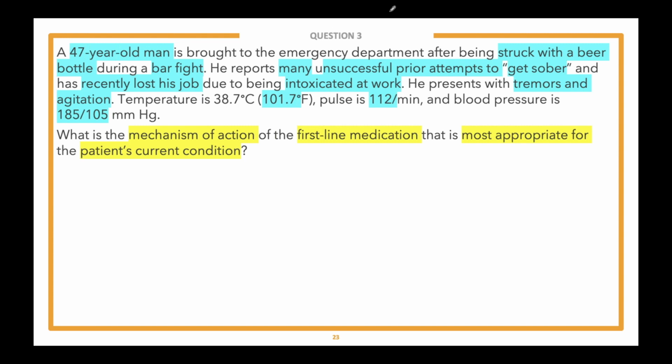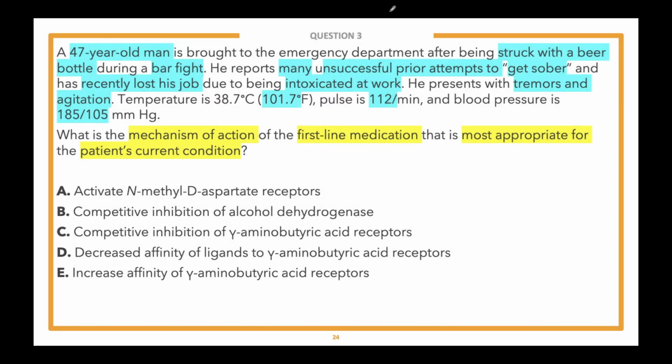So let's take a look at those answer choices. And once again, we're going to start at the bottom and work our way up to the top. So answer choice E, increase affinity of gamma aminobutyric acid receptors. D, decreased affinity of ligands to gamma aminobutyric acid receptors.